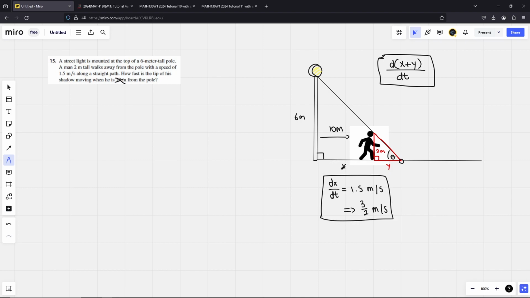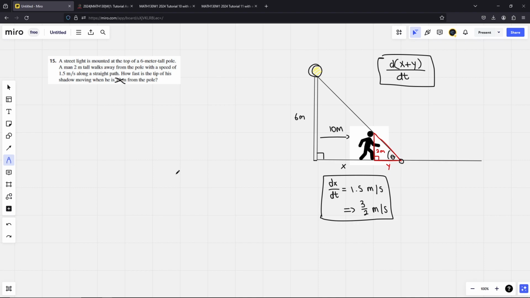Once again, dx/dt is how fast he's walking away from the pole. dy/dt is going to tell me how fast this length of the shadow is changing. And what we want is d(x+y)/dt, because that's going to tell me how fast the tip of the shadow is moving as this man walks at that constant speed. Okay, so let's get into the solution.